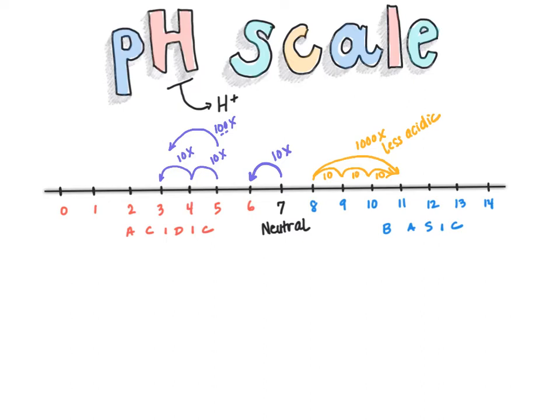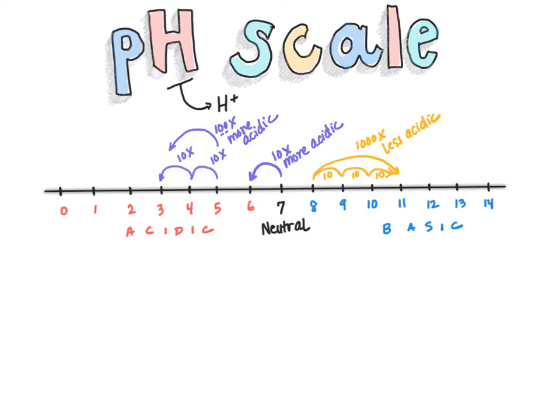This is as opposed to the other examples that we have, in which case a 6 is 10 times more acidic. And this was 100 times more acidic: a 3 is 100 times more acidic than a pH of 5.